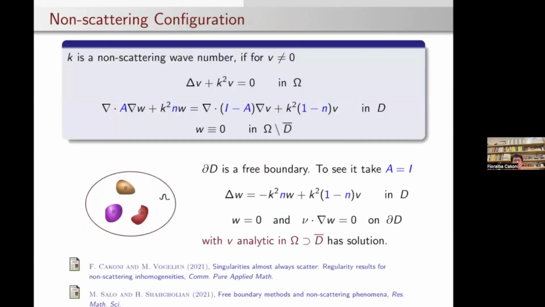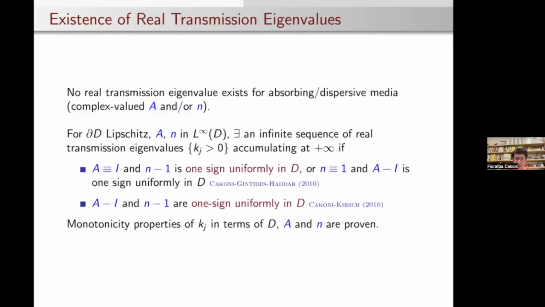All right, so now 2 minutes about this. We have a configuration where there are infinitely many real transmission eigenvalues. And in fact, what matters is the sign of the contrast, not so much the regularity. So the coefficient can be as irregular as L infinity, and the boundary can be Lipschitz, okay?